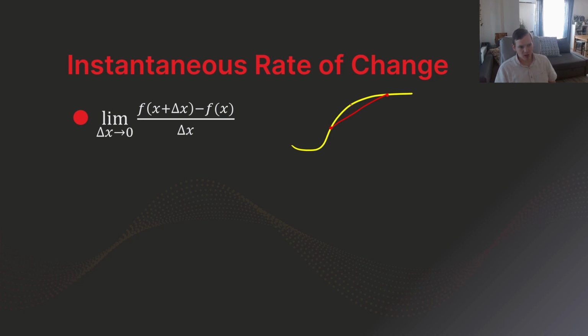Now, if I take a smaller delta x, then maybe I get out to here and here, and I get a slope like this. And if I take a smaller one, I get this. And you can see the actual rate of change or slope of the function at that point is like this. And you can see as I bring these in, I get better and better estimates of my value.